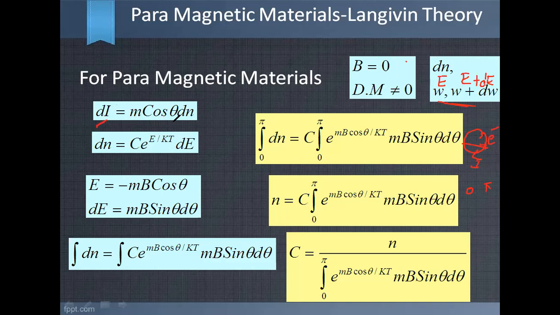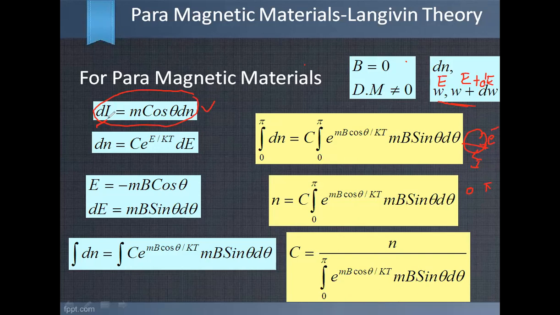You have to remember this density equation: dI is equal to m cos theta dn, and this gives the intensity of the dipoles within the range E comma E plus dE. This is the final equation we are going to use again.